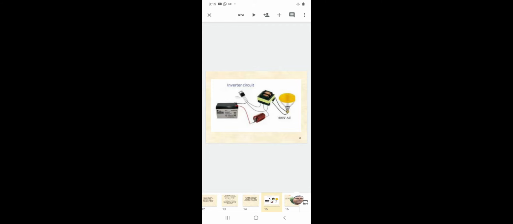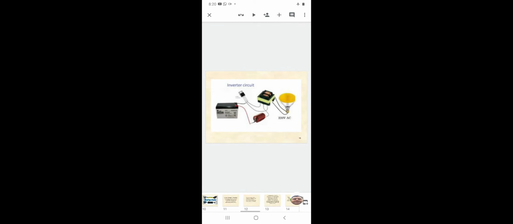The middle one is called the inverter circuit, and the last one is called the load. So this is the inverter circuit.